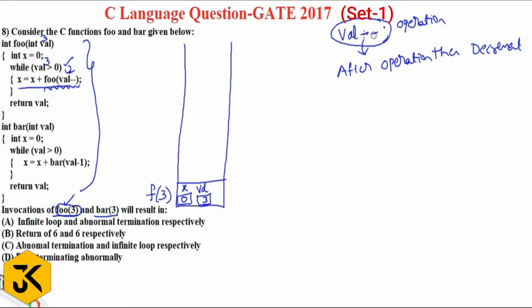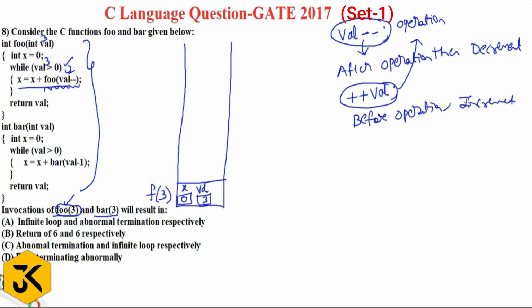Whereas if it is a pre increment with some operation, then before the operation it will perform the increment. That you need to understand.